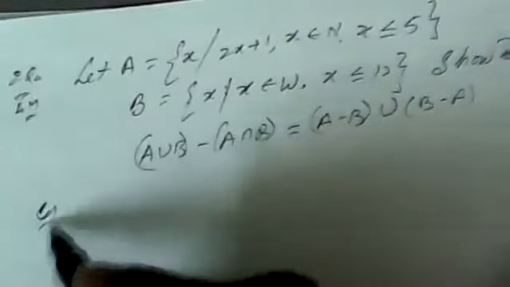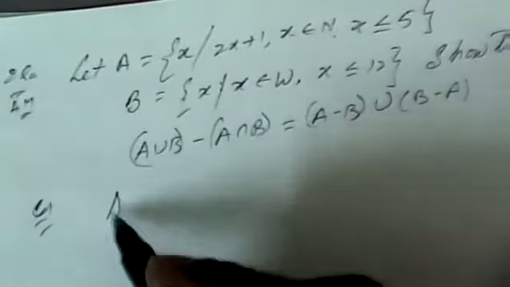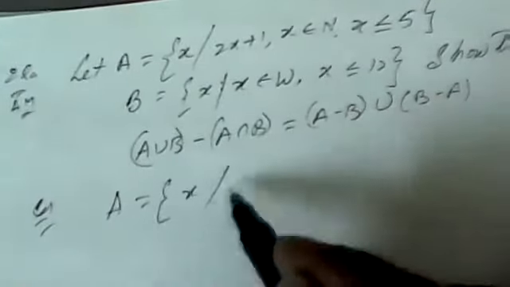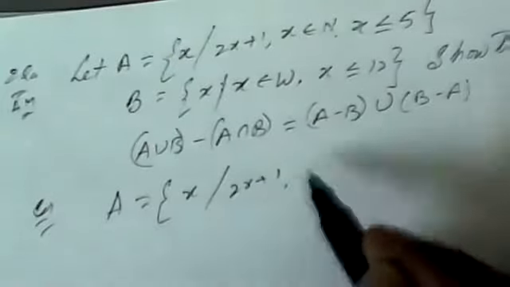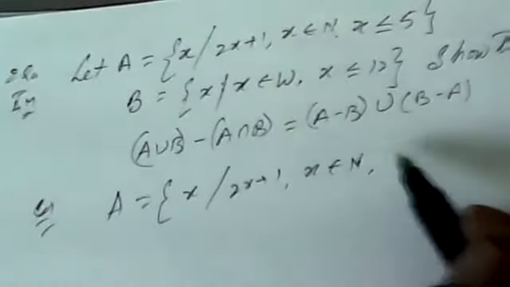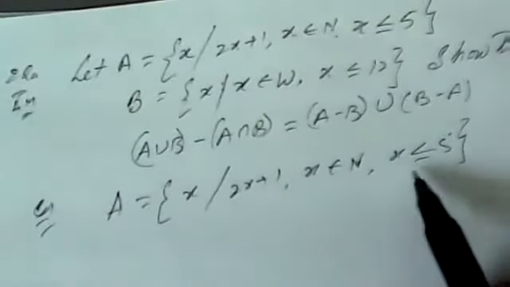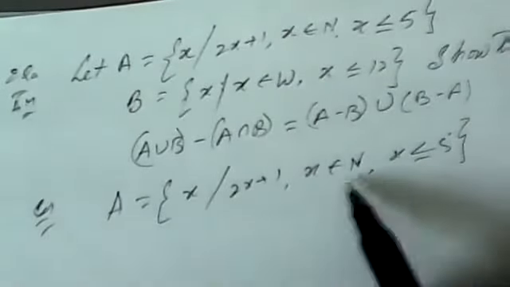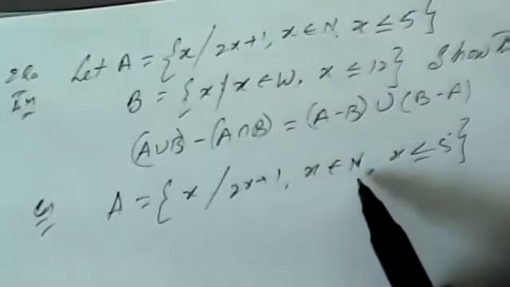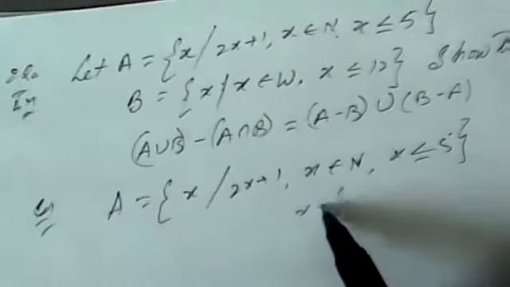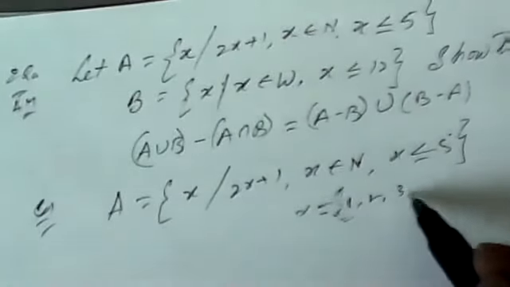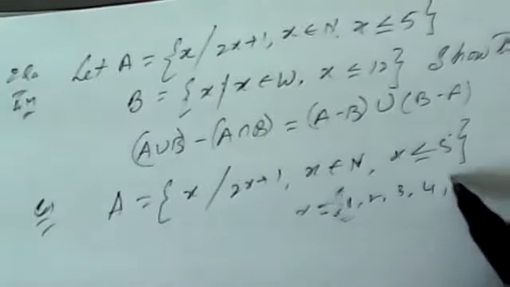The solution. A is given, x such that 2x plus 1 and x belongs to N, x is less than or equal to 5. So x is less than or equal to 5 and x belongs to N means natural numbers. So x takes the values 1, 2, 3, 4, 5.